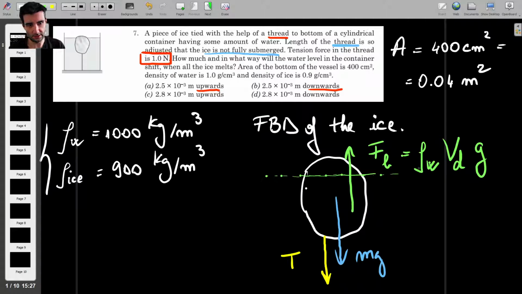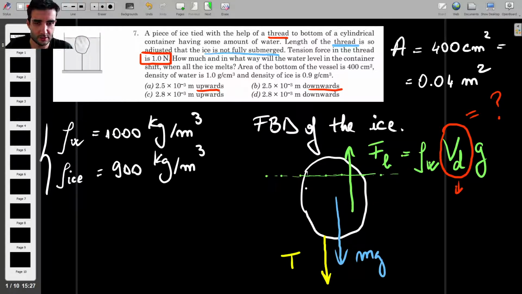So this is what we care about. And we're trying to find an expression for that displaced volume. The plan here is we want to make this the subject. So we want to find an expression for the displaced volume before the melting phase, and a second expression for the displaced volume after the ice has melted.